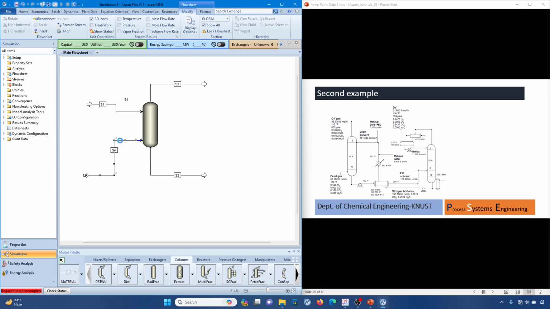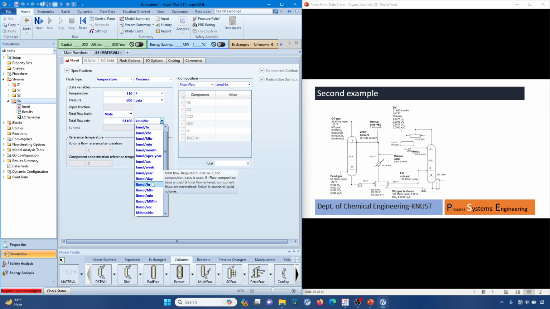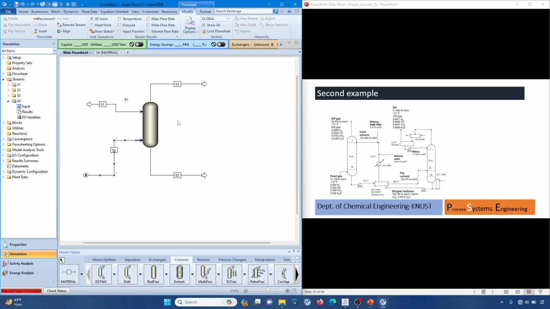We'll go ahead and put our vapor phase conditions, 110 Fahrenheit. That should be it for my feed stream, the vapor stream.